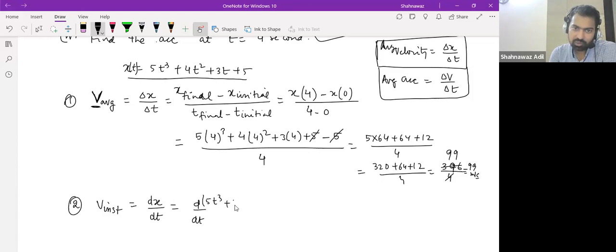So 3t square plus 4t plus 3t plus 5. So what would be the answer?